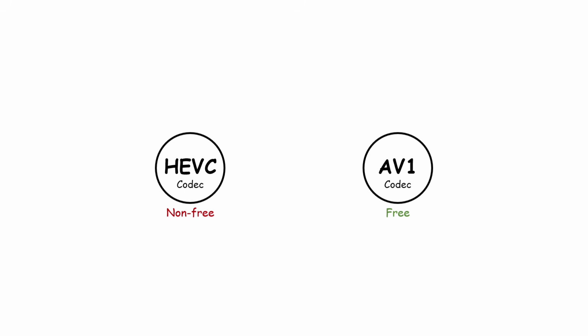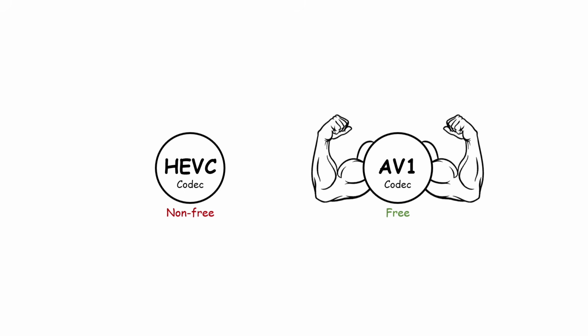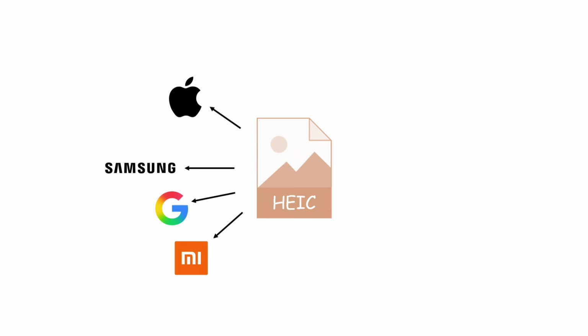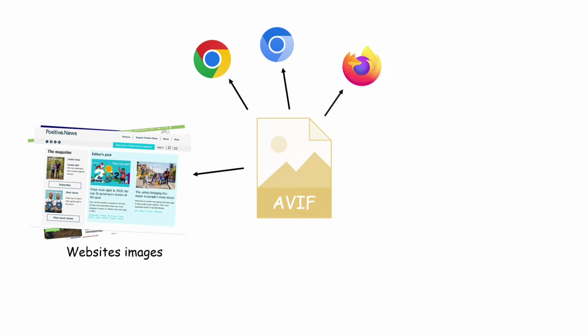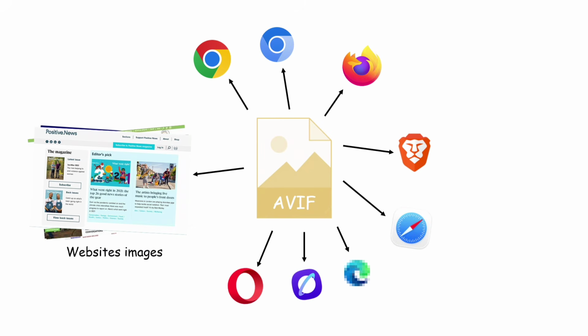This difference, and of course, AV1's better compression compared to HEVC, has made AVIF more widespread and more popular than HEIC, and is why today the HEIC format is mostly seen in Apple products and some other big companies that have bought the rights to use it, while AVIF is seen on almost most websites, and most browsers either fully support it or are looking to start supporting it.